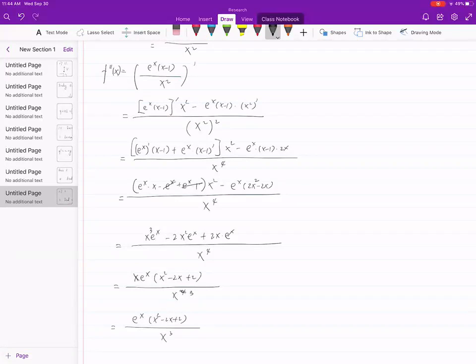Any questions? Cool. That's how we do the rule. You basically just memorize the rule, know which is your f, which is your g, then follow it.